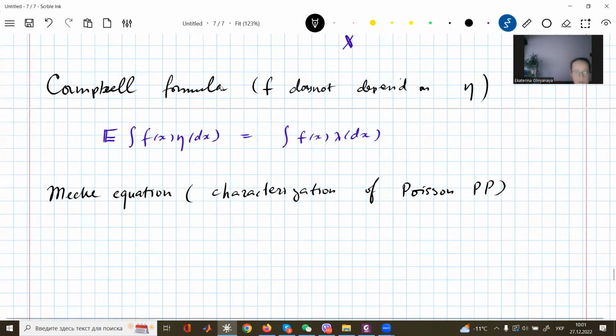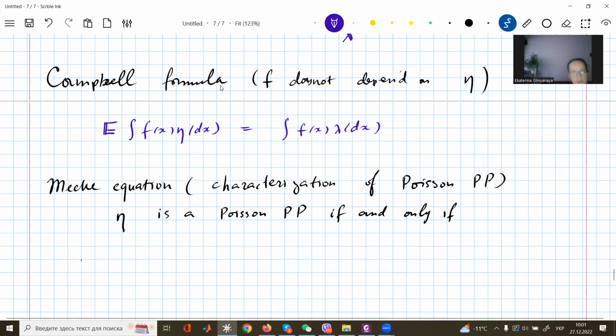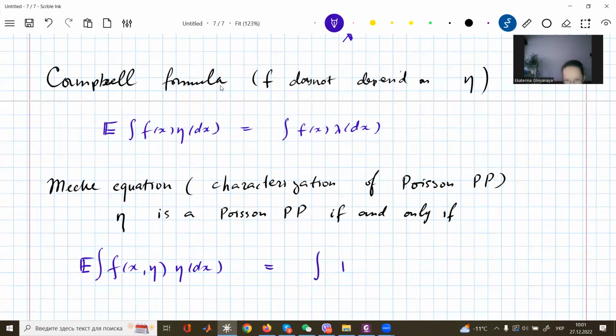We say that eta is a Poisson point process if and only if we have that the expectation of the integral of f of x and eta, eta dx, is equal to the integral, and here we write the expectation.